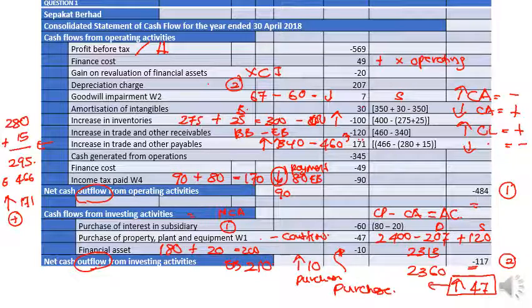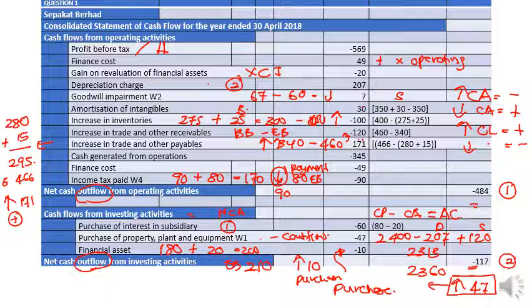Okay, so we look at the profit before tax. In this case you have a negative because instead of a profit here you have a loss. Loss before tax, so negative 569. Finance cost we need to add back here because it is not related to the operating activities. So we need to add back 49.